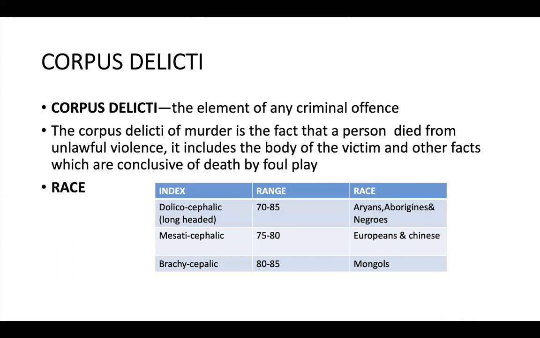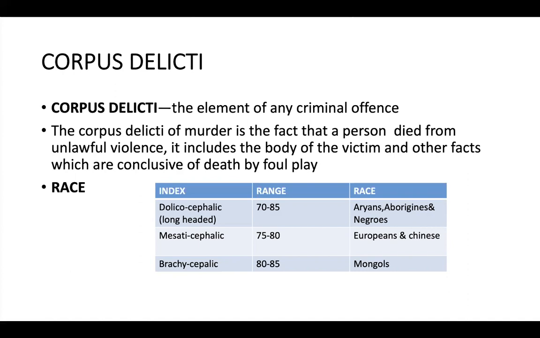Next topic is identification. In identification, the first thing is corpus delicti. Corpus delicti means the elements of any criminal offense. So the corpus delicti of murder is the fact that a person died from unlawful violence.